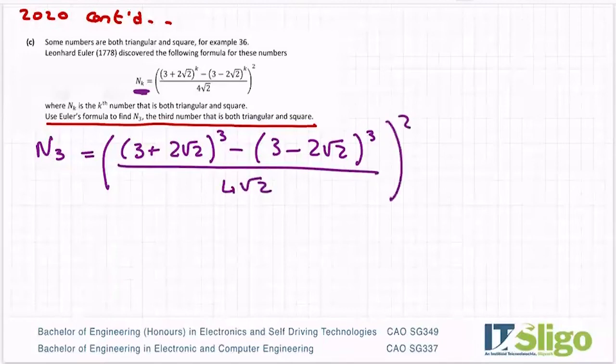Now there's more danger of me putting this into the calculator wrong than anything else. So let's try this one. On the top, to start it all, I need a bracket. So try and see, can you get it into the calculator and get the right answer. Bracket 3 plus 2 root 2 to the power of 3, minus bracket 3 minus 2 root 2 to the power of 3, and then on the bottom I have 4 root 2.